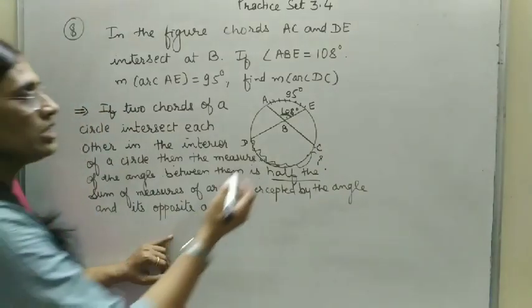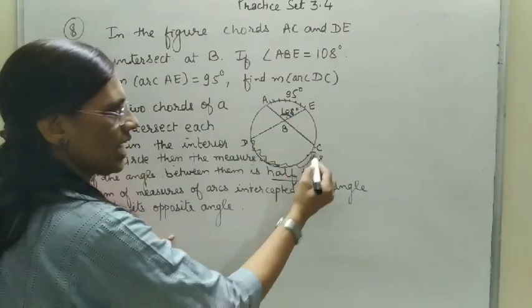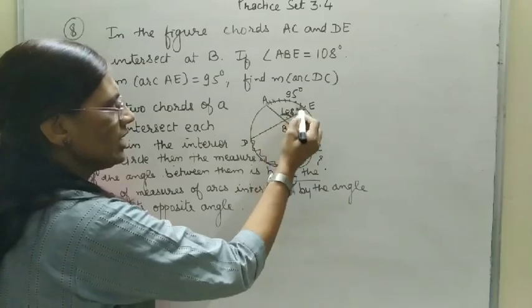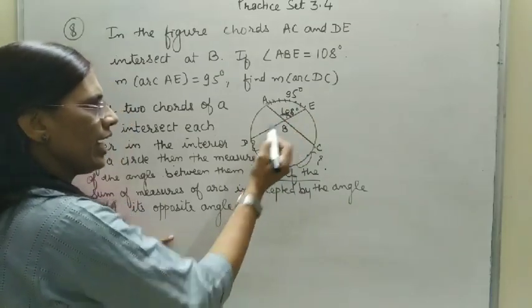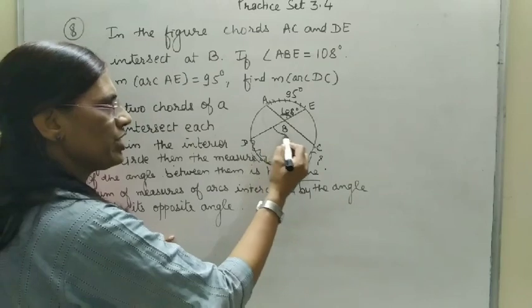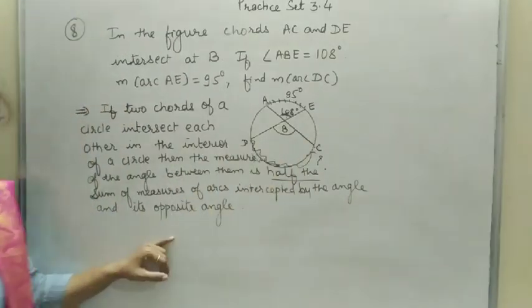It is half the sum of this arc and this arc. This arc is intercepted by angle ABE and this arc is intercepted by its opposite angle, that is angle DBC.